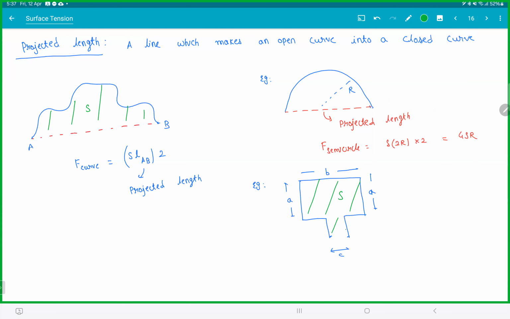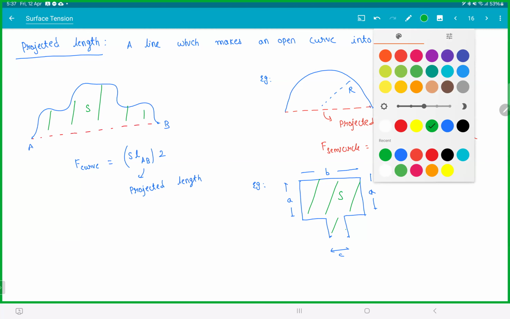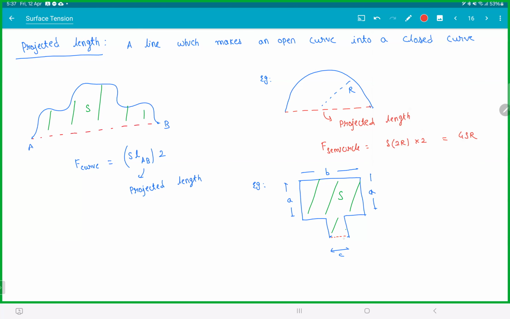The question was find the force on the frame. What is the answer for this? You can simply take the projected length.